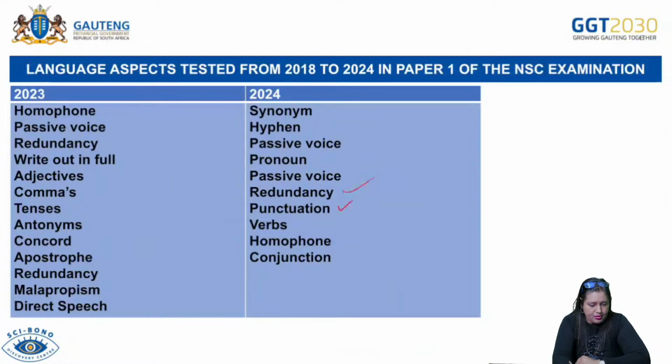Apostrophe is obviously part of punctuation, adjectives and verbs, okay, parts of speech coming out there, homophone, antonyms, all of these, okay, you need to familiarize yourself with. Then look at synonym also coming through there, all right. Hyphen is again your punctuation mark, pronoun, conjunction, and the passive voice versus the active voice.